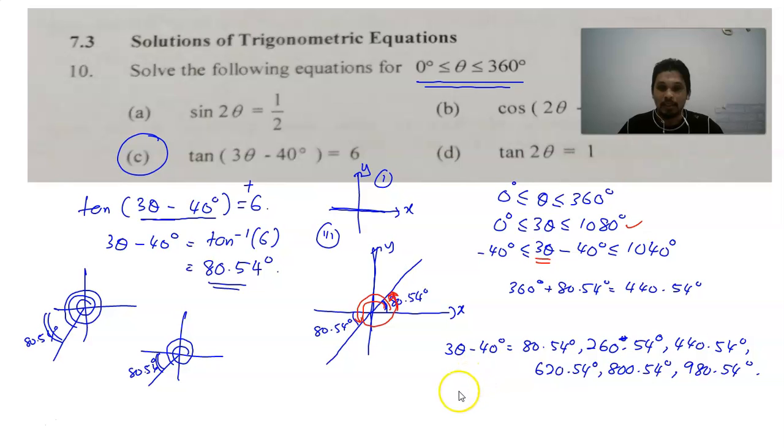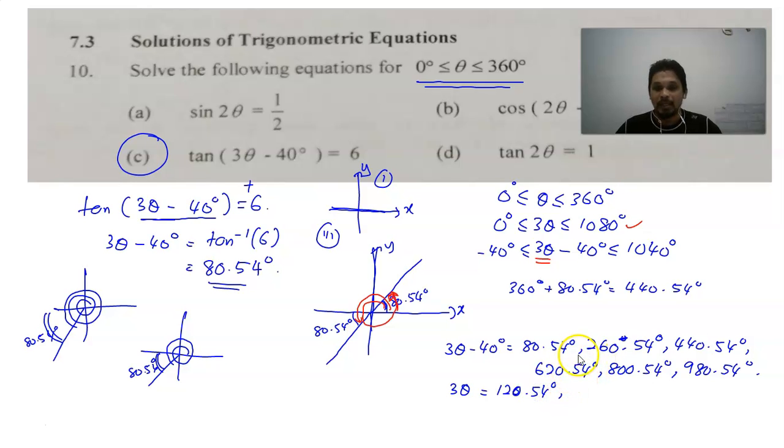Okay, then 3 theta equal to, so every single angle that we have here, then we add up. Negative 40, bring up to the side, become positive, so 80.54 plus with 40 equal to 120.54.